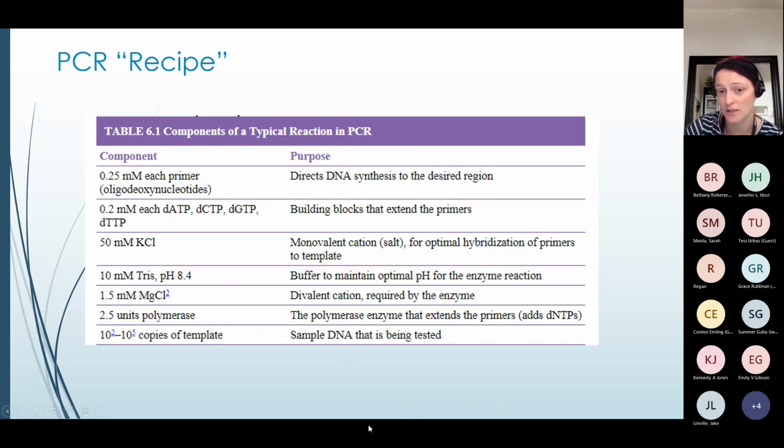But for infectious disease, you don't know how much is there. So when we extract DNA, we don't nanodrop it. We put in the volume that we've optimized for our assay, and hopefully something's there that we can detect.